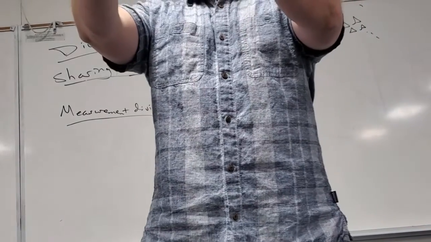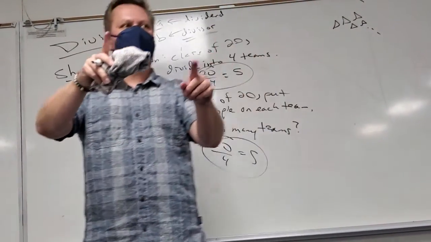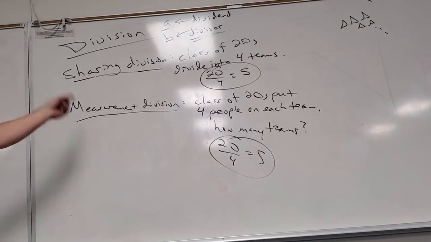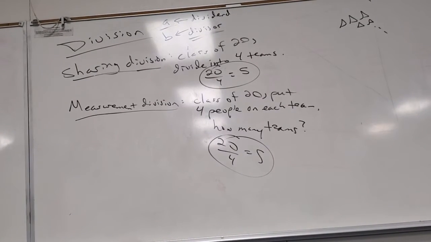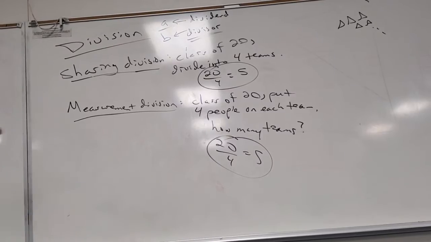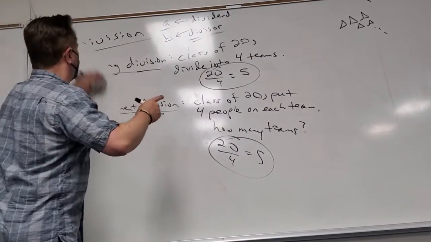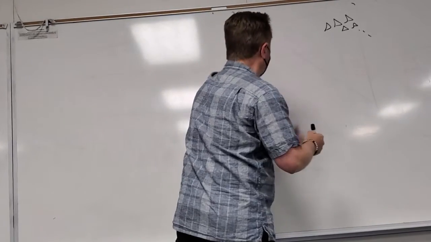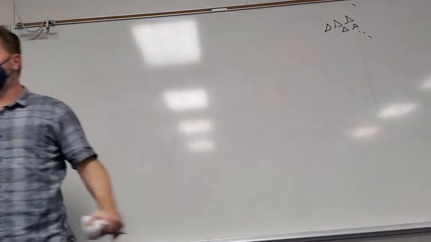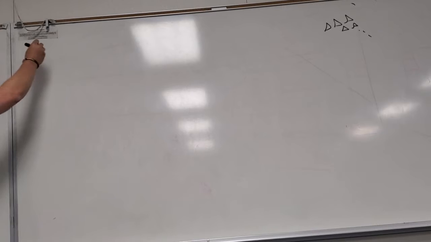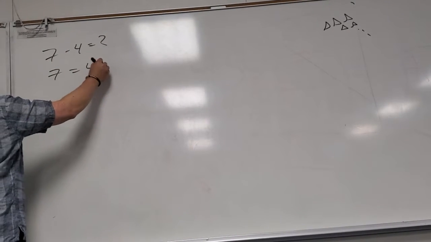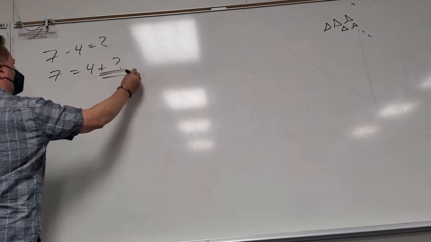We're going to get to repeated subtraction. But what did we just do? If we're talking about division now, what did we just do? Multiplication, right? So do you remember with subtraction, there was a direct use of addition. When I did 7 minus 4 equals what? It's the same thing as 7 is 4 plus what? What was this called?